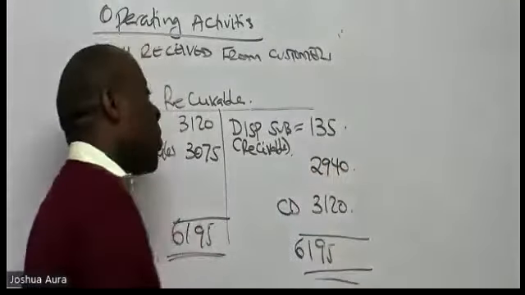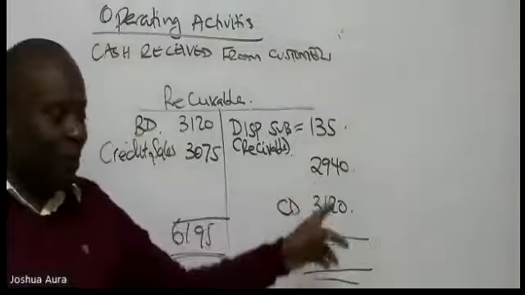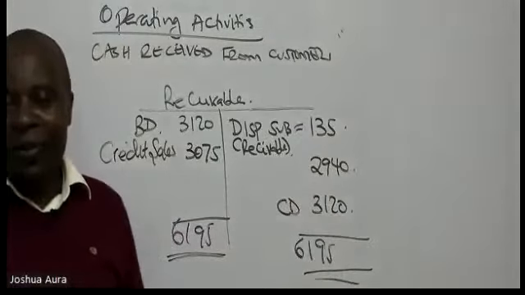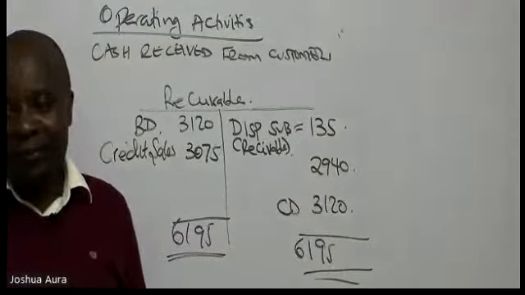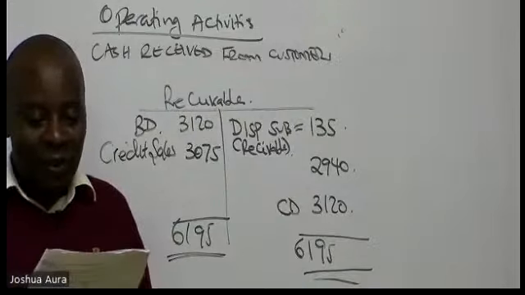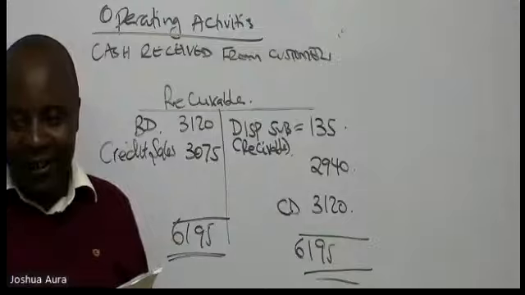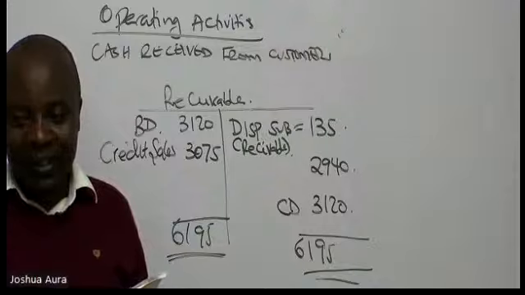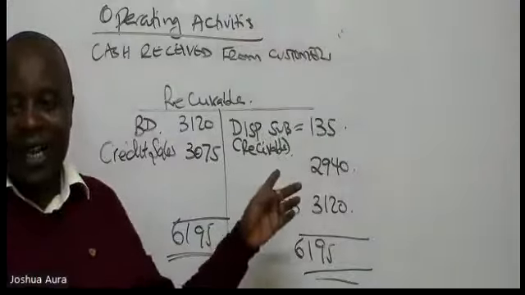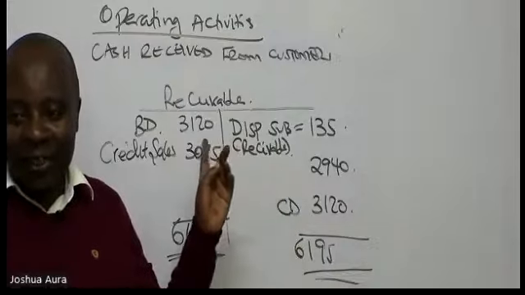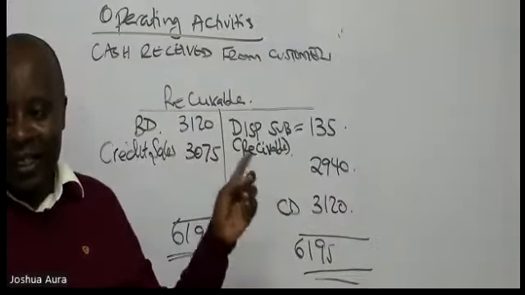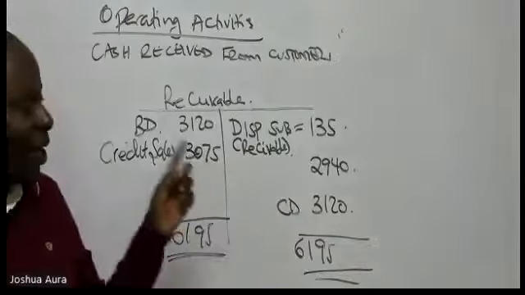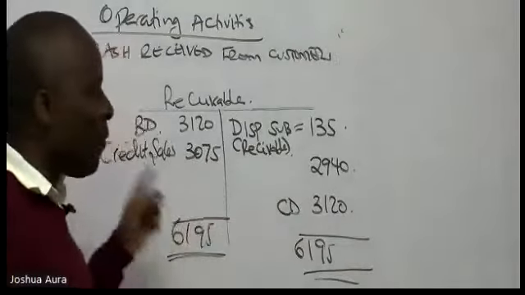So what name do we give to this 2940? This must be the cash that we received from our customers, isn't it? Cash receipts received from customers.